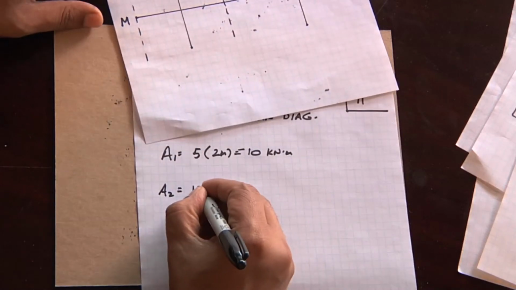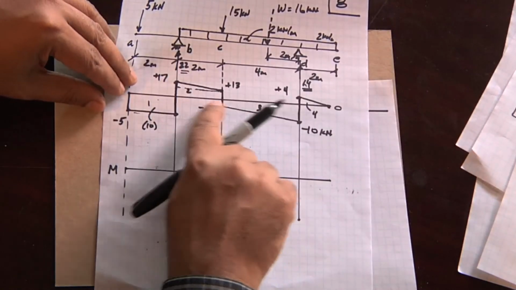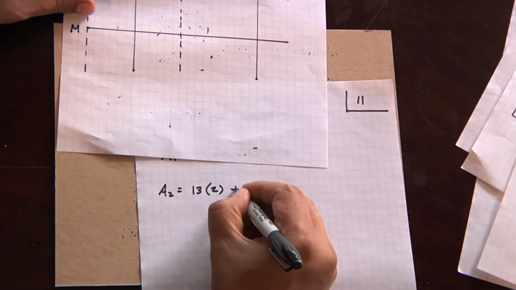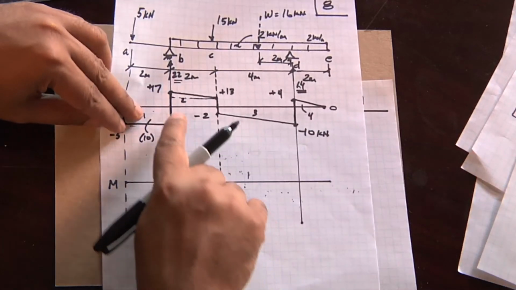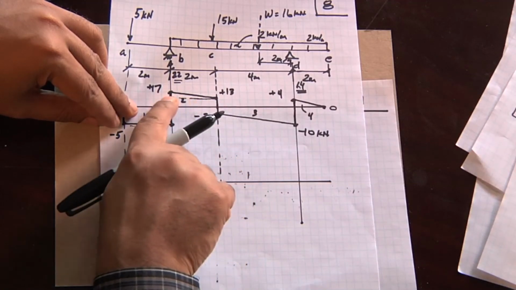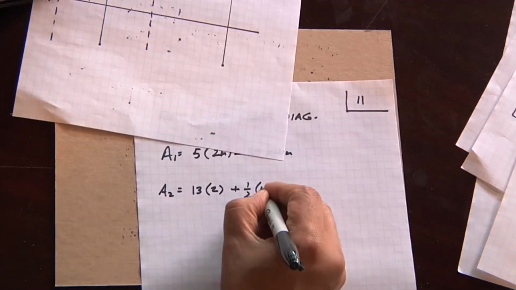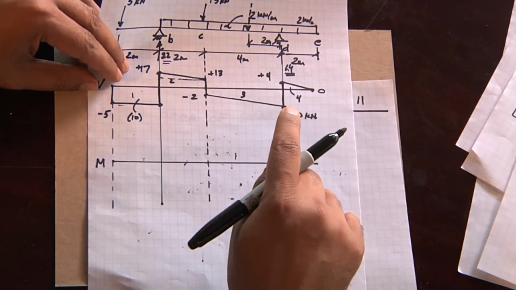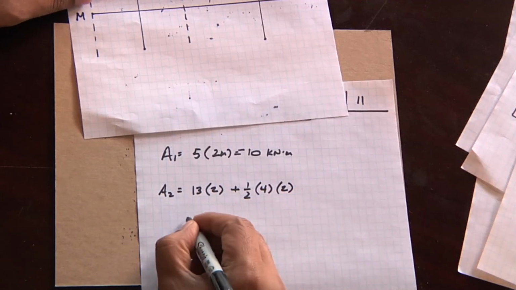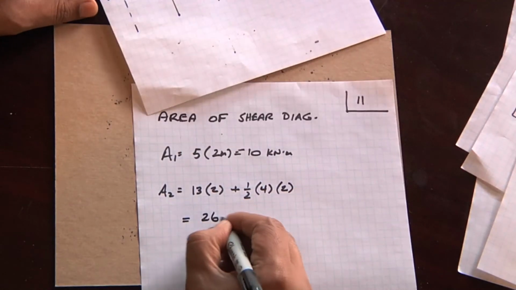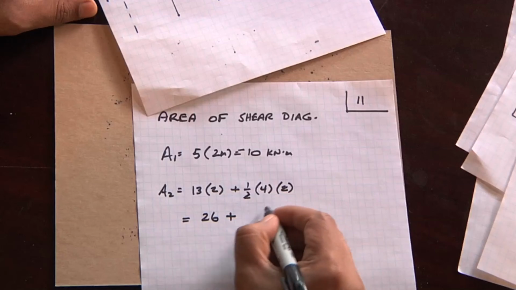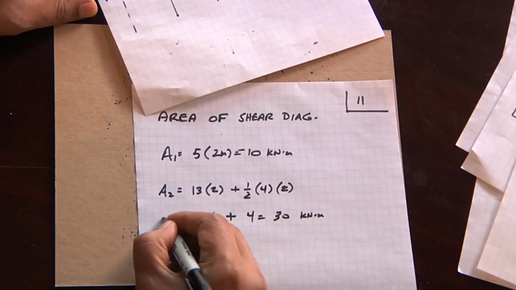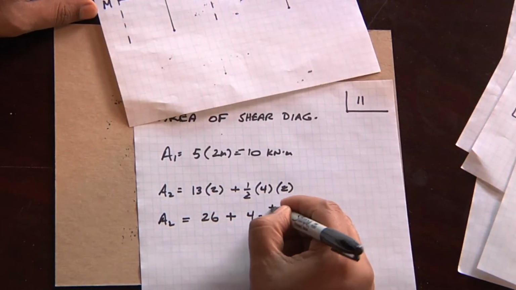So we have 13 kilonewtons times the length, which is 2 meters, plus 1/2 the height, which is 13 from 17, which is 4, times the base, which is 2 meters. So that becomes 26 plus, these two cancel, plus 4 equal to 30 kilonewton meters. That's A2, and that's a positive area.